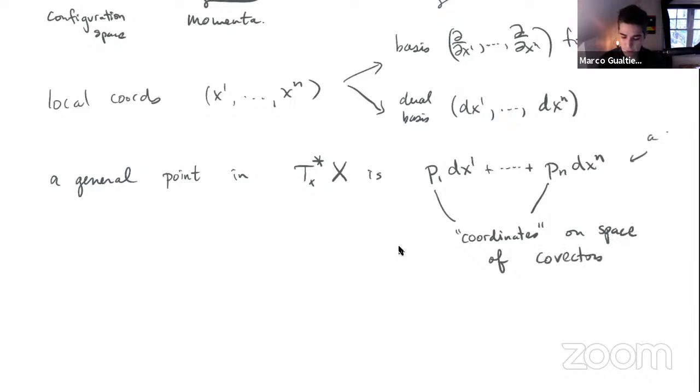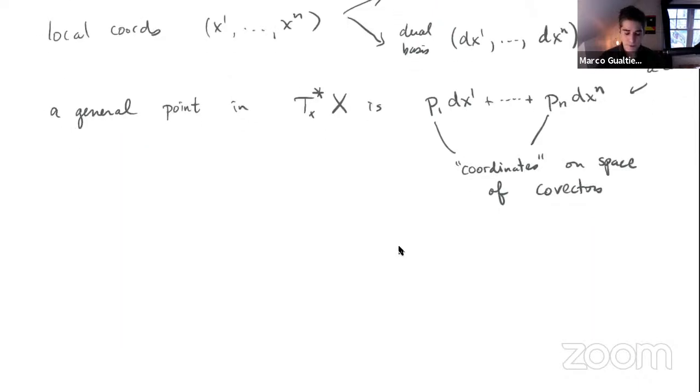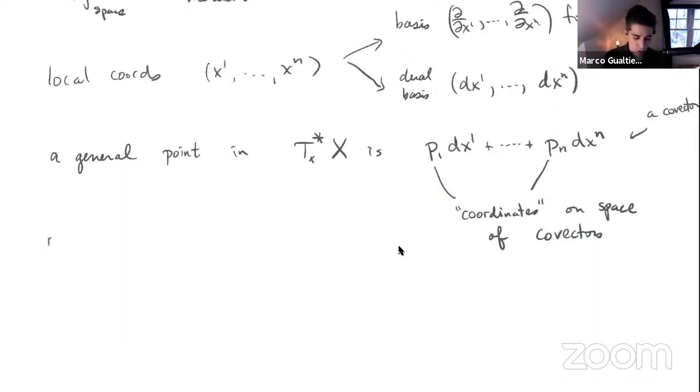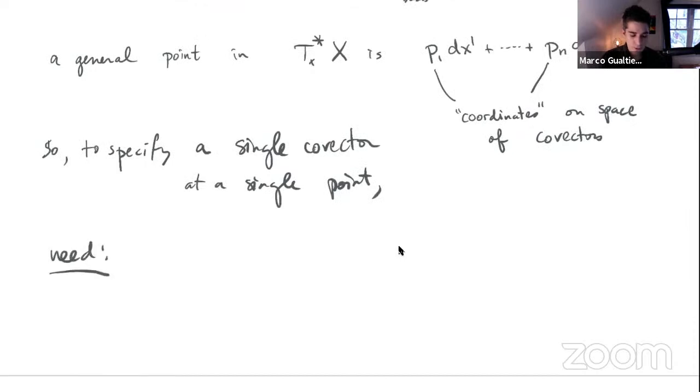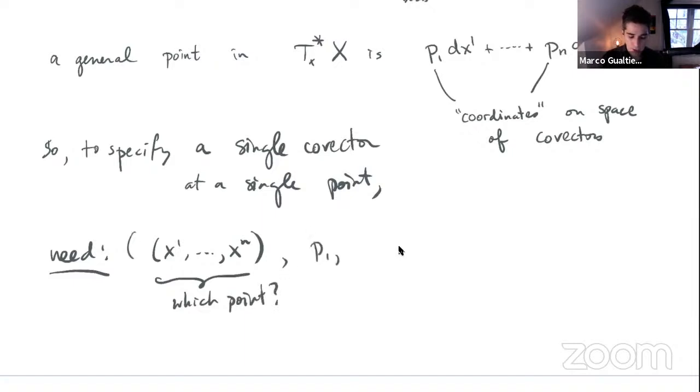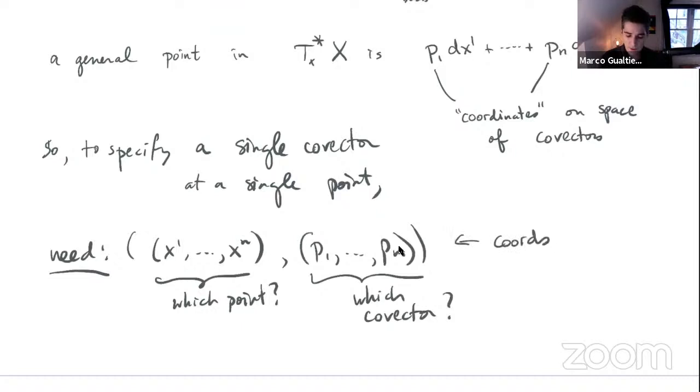This is a covector. And so to specify a single covector at a single point, first of all, we need x1 up to xn to know where the point is. And we need to know p1 up to pn to know which covector. And in total, these are the coordinates on the phase space.